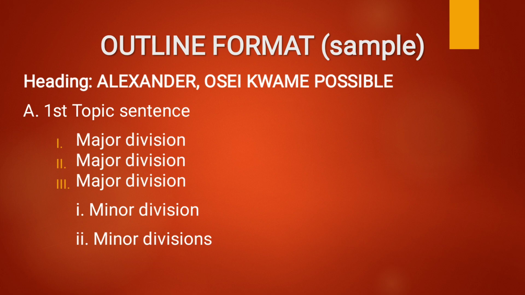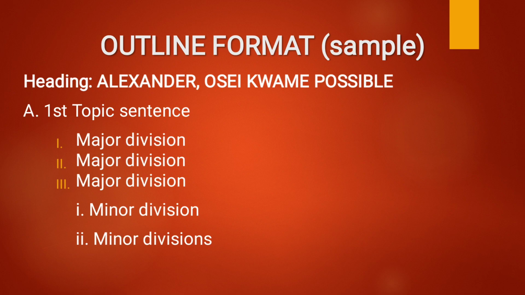Someone could also start, instead of the A, with 1. You are not wrong. For the major divisions, instead of using Roman numerals, someone also could use capital A, capital B, capital C. I hope it makes sense.